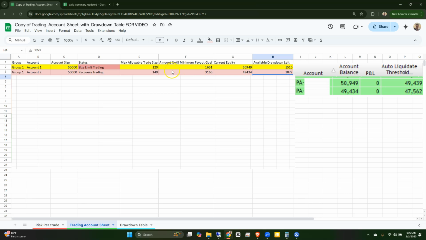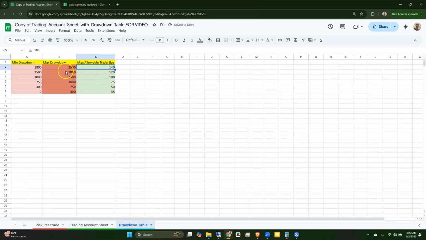So because this account 2, we can call this one no limit trading. Call this stuff whatever you want in here, because we are at the highest threshold of the drawdown table.